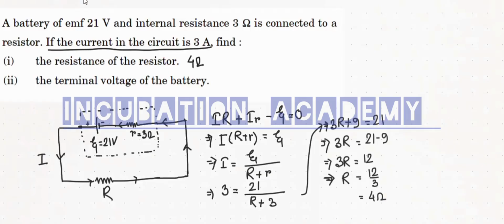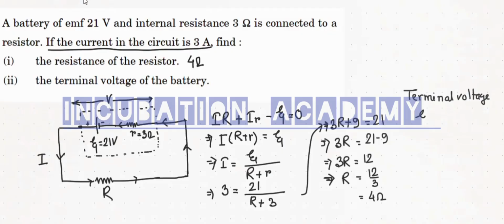What is the terminal voltage of the battery? That means capital V is the terminal voltage of the battery. It can be easily found by simple common sense, and the common sense is the EMF of the cell minus I into small r.